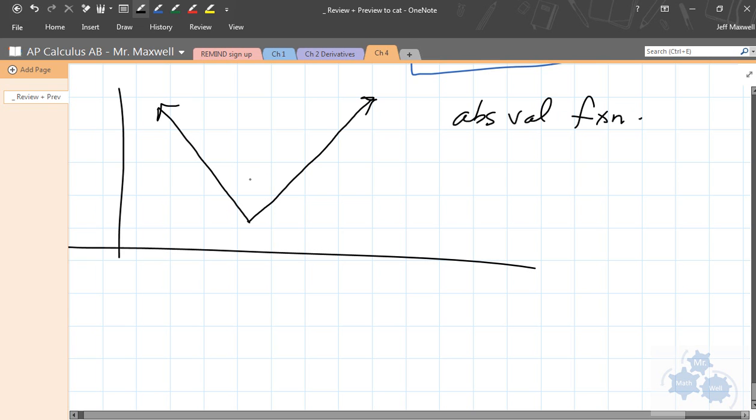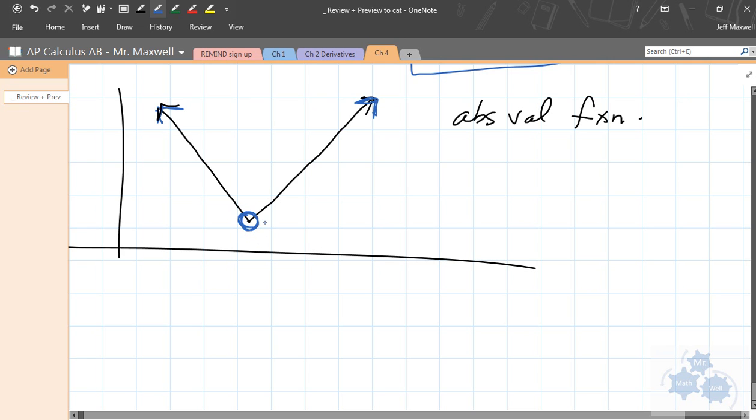It is important to note two things: this definitely is a local minimum, and given that we have arrows on either end, it's also an absolute minimum for this function. Does everyone agree with that?